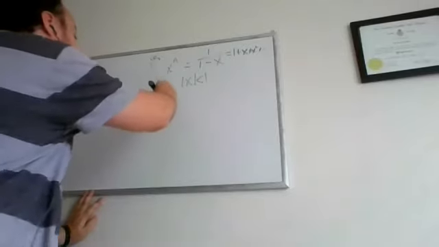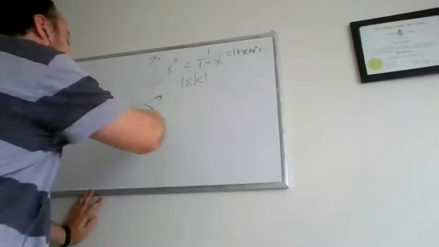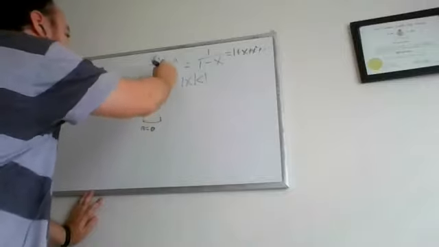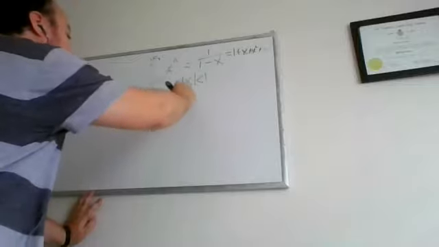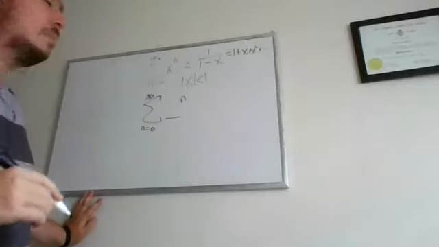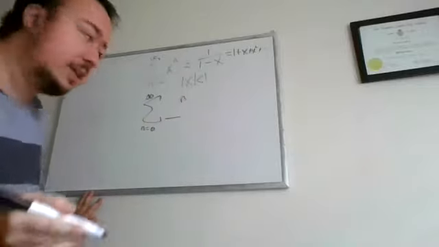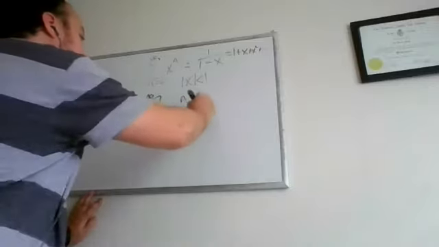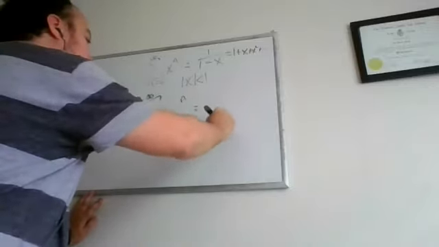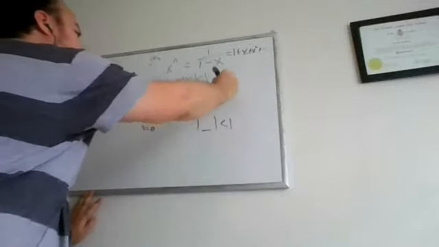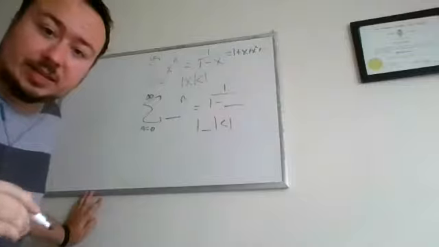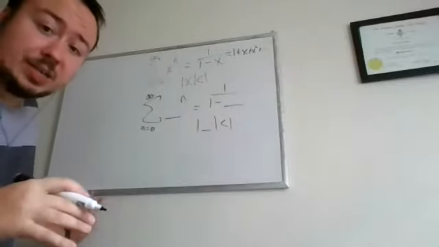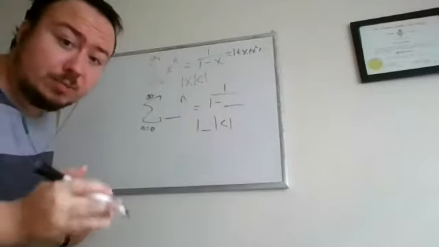The way I like to imagine this, it can be a little bit confusing at first, is to imagine this x not as a variable, but as sort of like a blank space. So if we have the sum of something raised to the nth power, so long as that something has absolute value less than 1, then our result will be 1 over 1 minus whatever that thing is. It doesn't need to be just x, it can be anything we want.